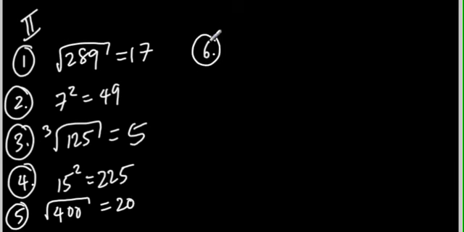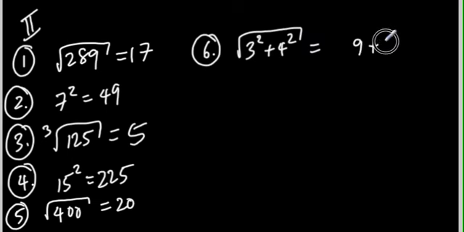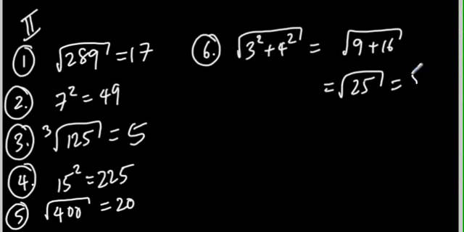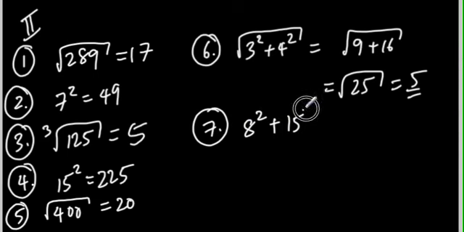All right, let's do number 6. 6 is 3 squared plus 4 squared. What is that? So in other words, that is 9 plus 16, which is equal to the square root of 25, which is equal to 5. Number 7, what is that? The question was 8 squared plus 15 squared is equal to something squared.